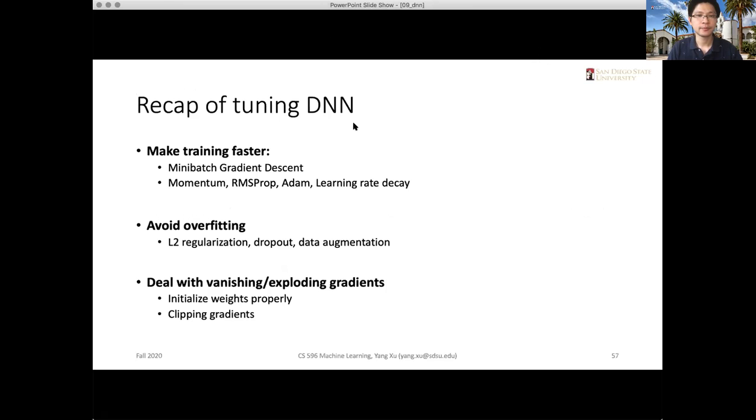Okay, so that's gradient checking. Let's do one more recap for all the things so far, all the bullets we have covered. One place that we may sometimes get confused with is the purposes or the goals of each technique.